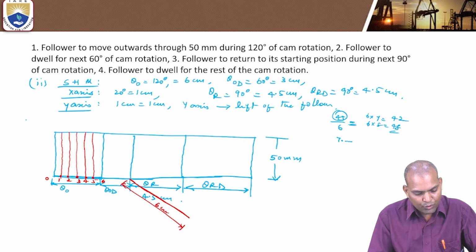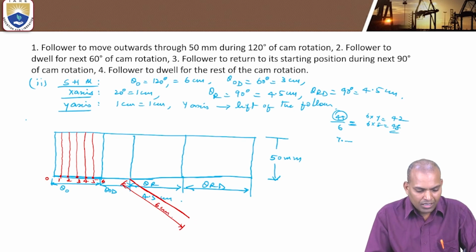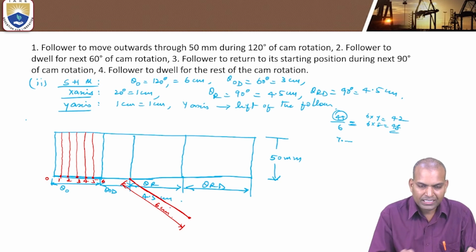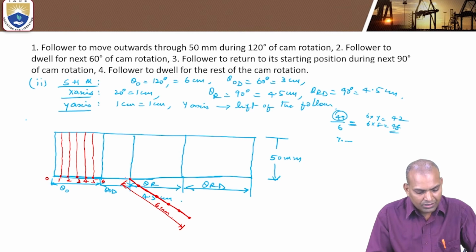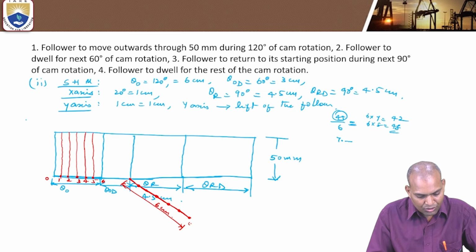We want 6 divisions. Now take your mini drafter and set square, and divide this line into 6 equal divisions: 0, 1, 2, 3, 4, 5, 6.